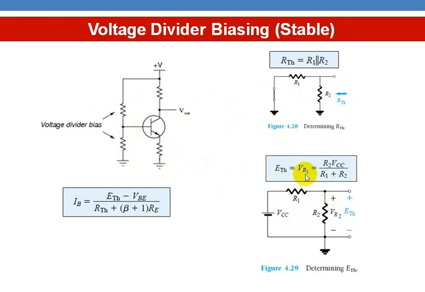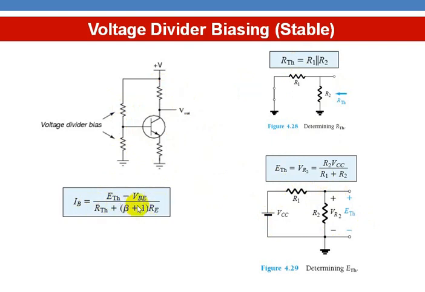You can get this expression: it is nothing but VR2. VCC is this voltage connected across the two resistances R1 and R2. So ETH will be equal to total VCC into R2 by R1 plus R2. With this ETH and RTH, we can write an equation for IB.